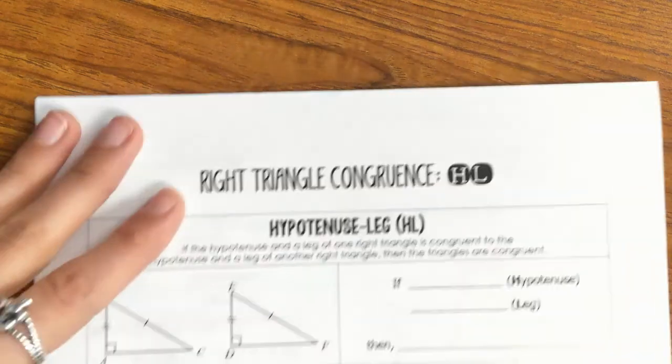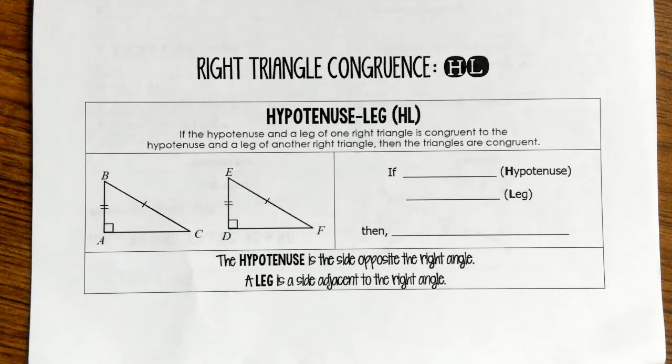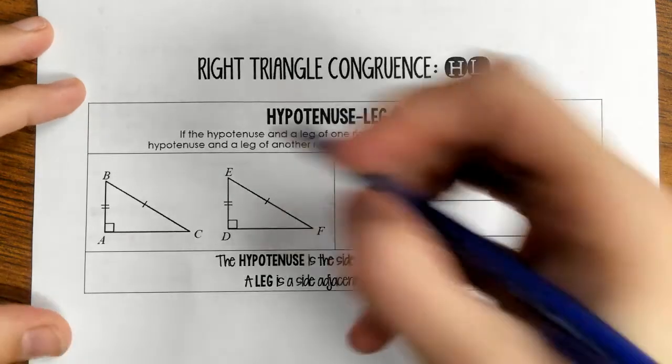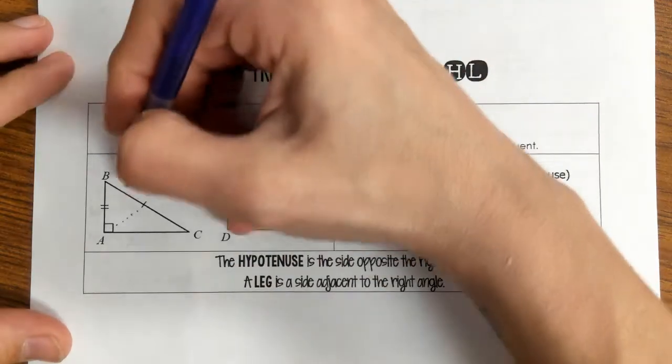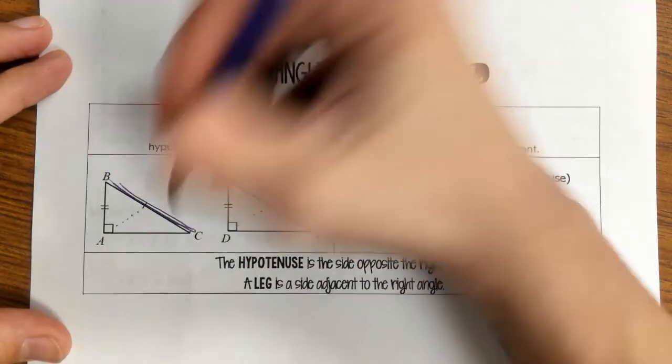Okay? And let's look at the last foldable for this unit, hypotenuse leg. Remembering that we have to have a right triangle for this to occur. First, we have our hypotenuse, which is located across from the 90-degree angle. So that would be this segment right here.